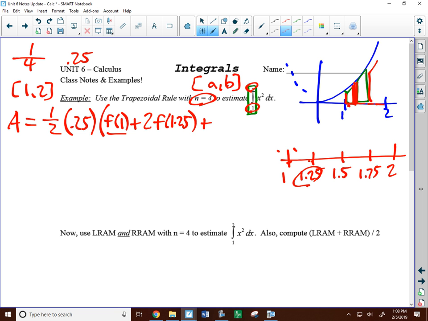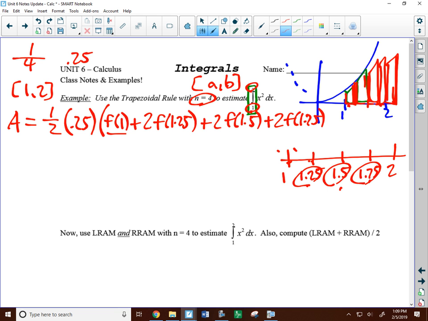In the next trapezoid, I'd be at 1.5, and I would need 2 of those. 2 f of 1.5. Next, 2 of the 1.75. And then, actually I have one more here. The last trapezoid, I only need 1 of that outside height. So plus 1, or I'm not going to write 1, but f of 2.